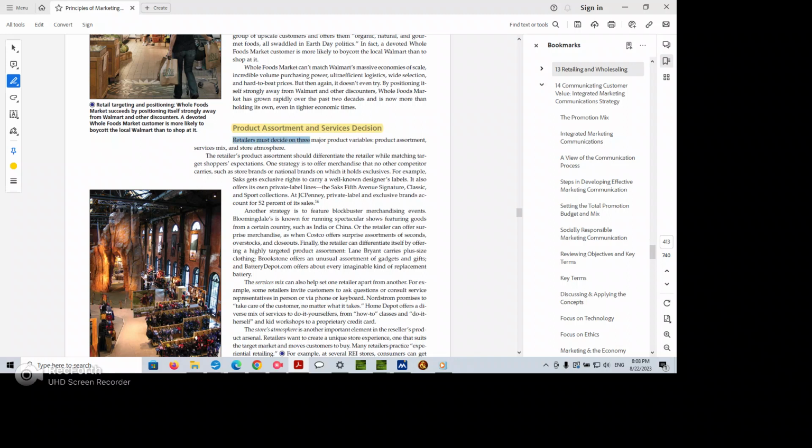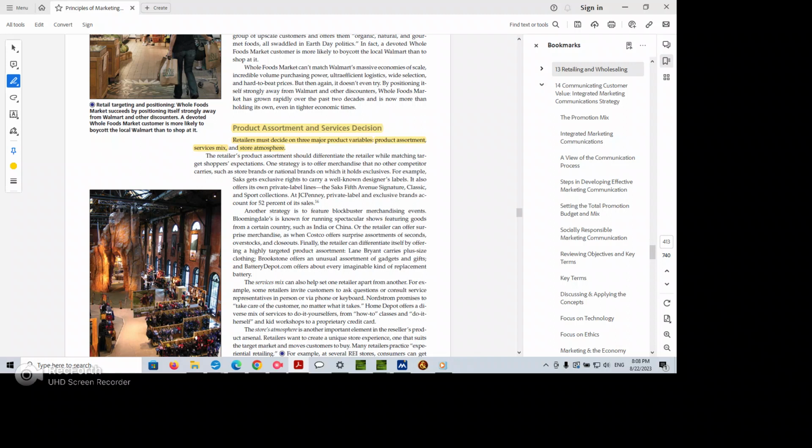Remember that retailers must decide on three major product variables. Number one, the product assortment, meaning what are the kinds of products you'll be selling. Number two, the services mix. These are two or more types of services. Number three, what's the store atmosphere?